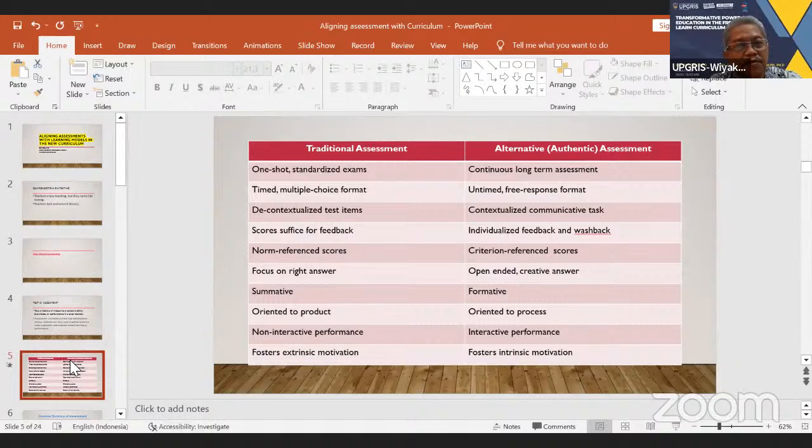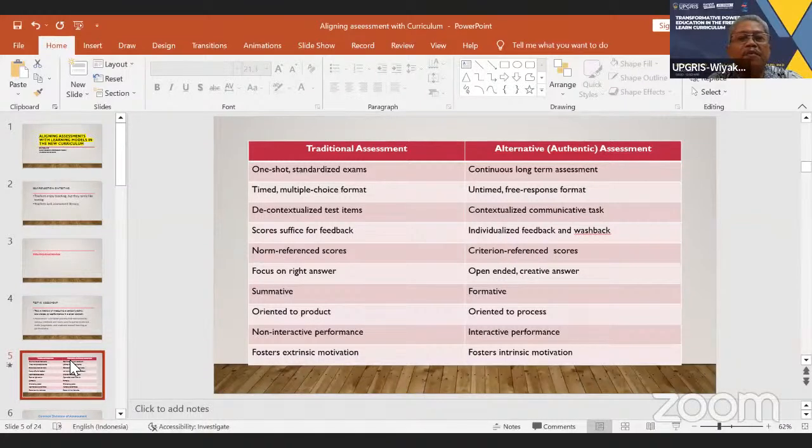Let's say that one gets 90, another gets 70, another gets 60, and so on. In authentic assessment, the scoring judgment can be very qualitative, not only in numeric form.